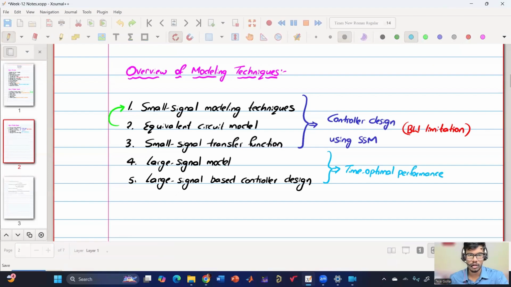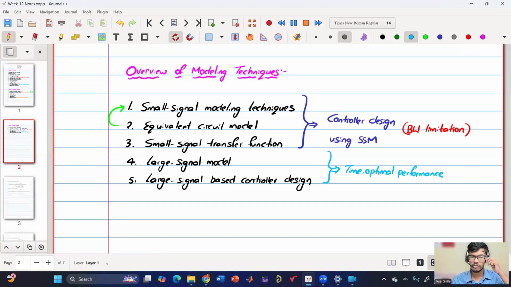Okay, so we have seen different types of modeling techniques and different types of models, their advantages, benefits, as well as challenges, and then how to overcome them, and which model could be the best one to get time optimal performance, how to get that model, how to validate it, and how to use the large signal based tuning to achieve time optimal performance.